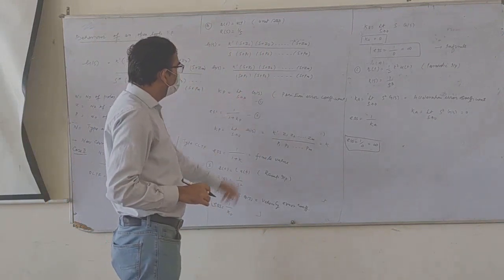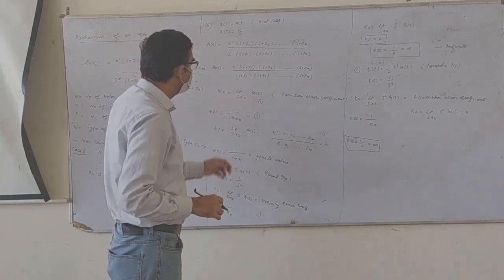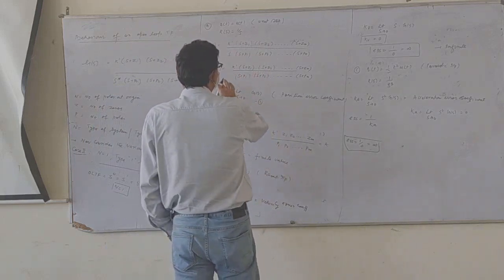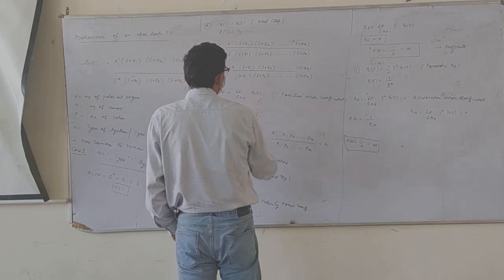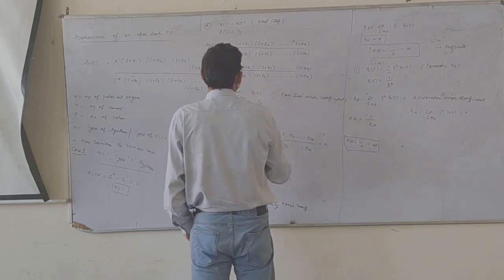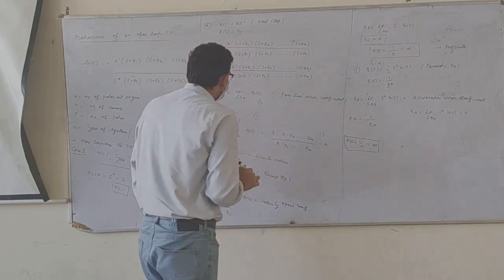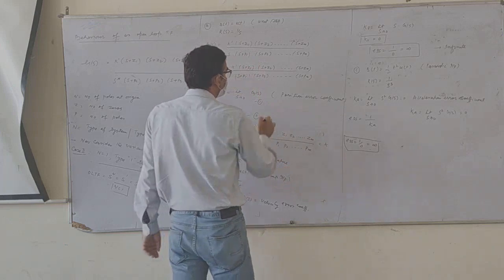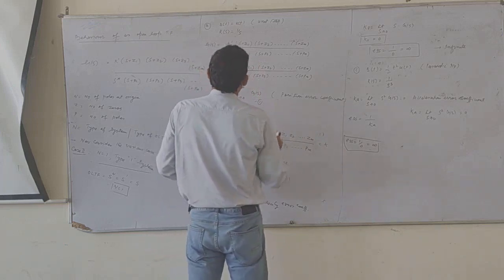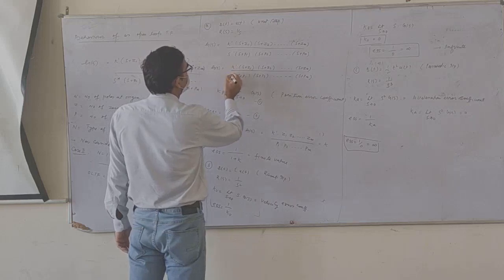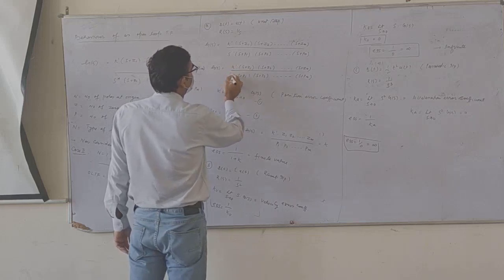Now Kp will be limit of g of s, and have a look here. So when we substitute g of s, we can substitute it, no problem. So now we are having s.